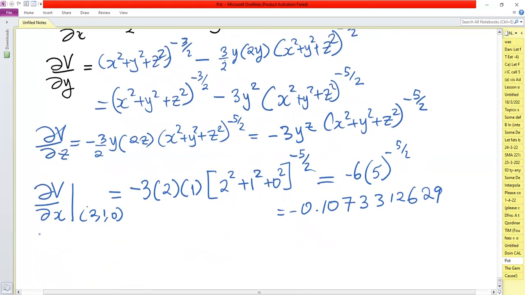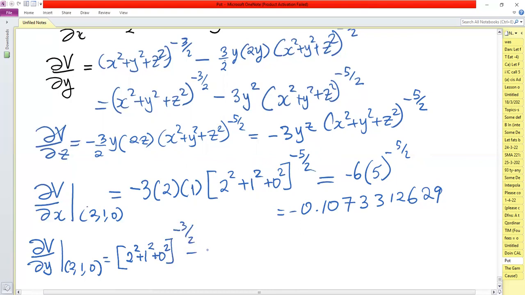And then partial v, partial y at 2, 1, 0. I'll get 2 squared plus 1 squared plus 0 squared raised to minus 3/2, minus 3 into 1 squared into 2 squared plus 1 squared plus 0 squared raised to minus 5/2.